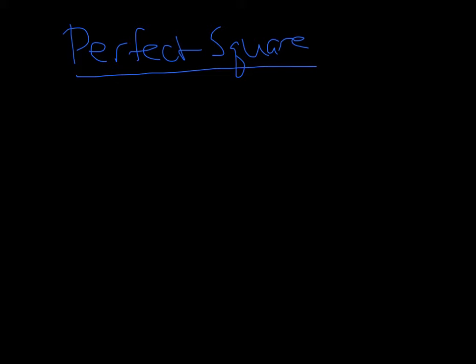First of all, let's look at what perfect squares are. Let me do an example, and just do our integers 1, 2, 3, 4, 5, 6, 7, 8, 9, 10. If you square 1, we have 1.